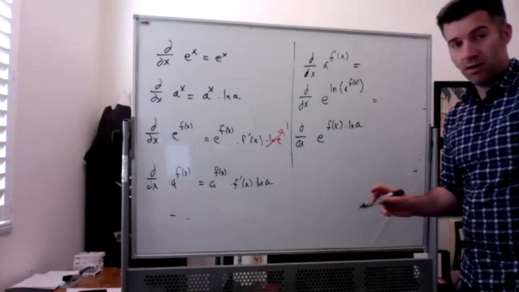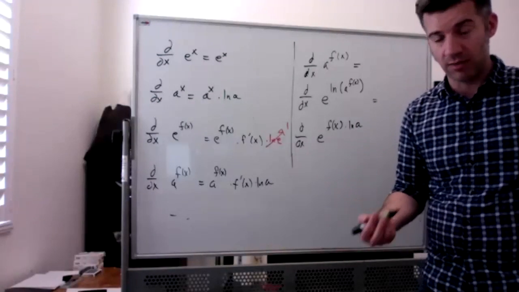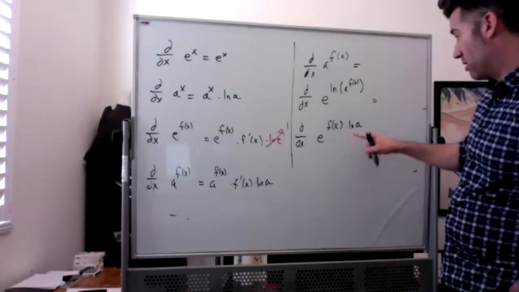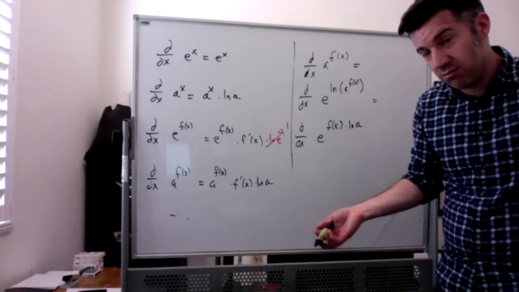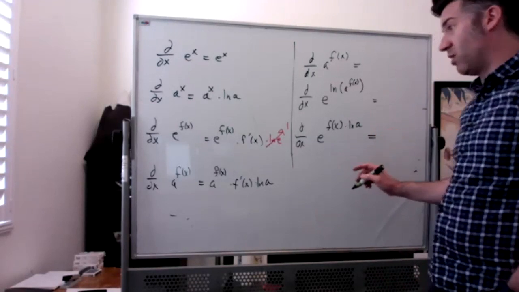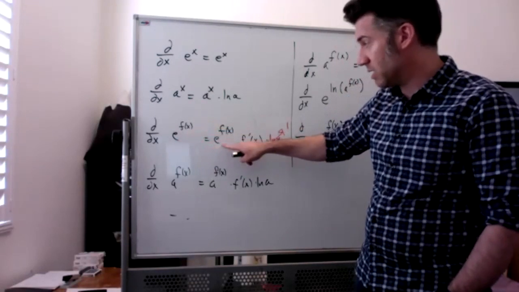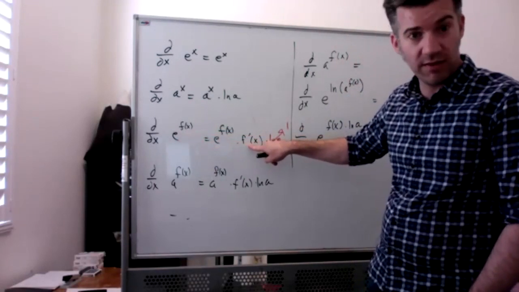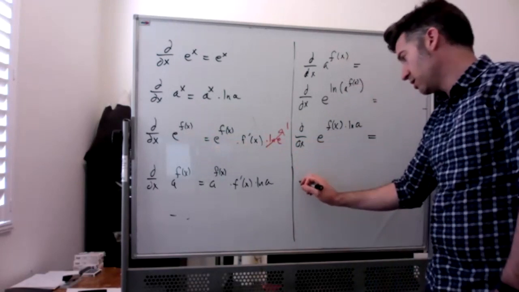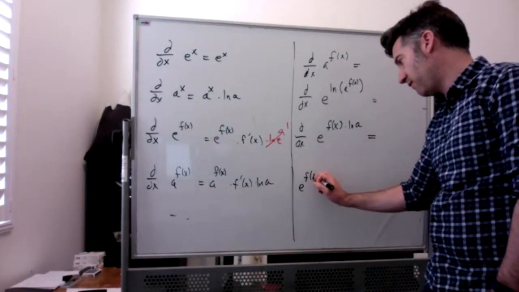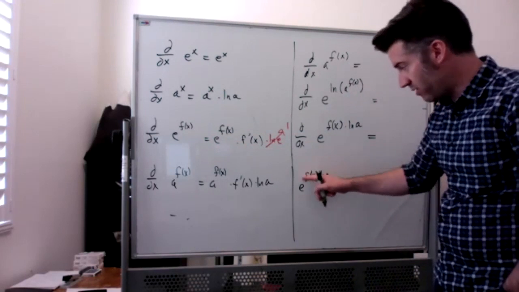Okay, now I want to remind everybody, the natural log of a, if a is a constant, which a is supposed to be a constant here, the natural log of a is also a constant, like 7. So when I differentiate this, we know that the derivative of e to the stuff is e to the stuff times the derivative of the stuff. So the derivative of e to the stuff here is going to be e to the same stuff times the derivative of that stuff.